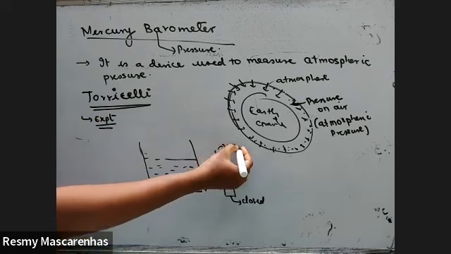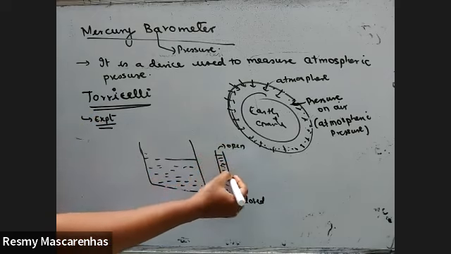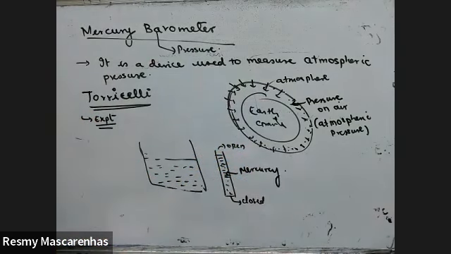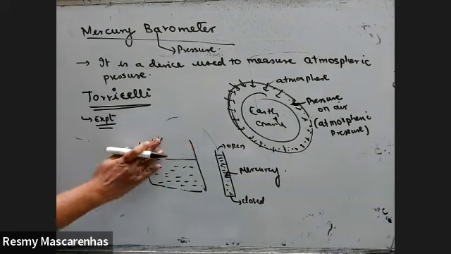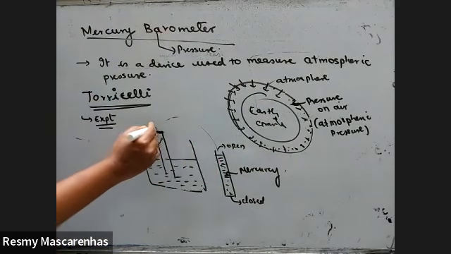He filled this tube with mercury. Now, this side is open, so he put this tube inverted in the fluid. So this side became closed.